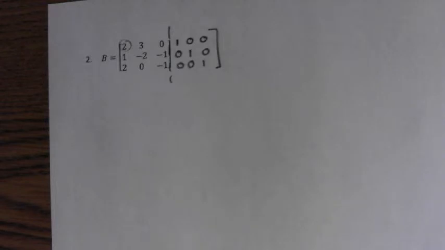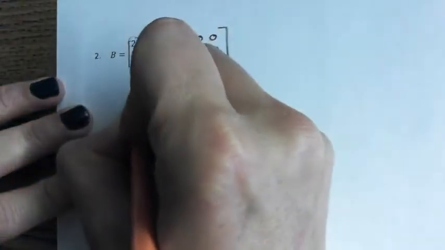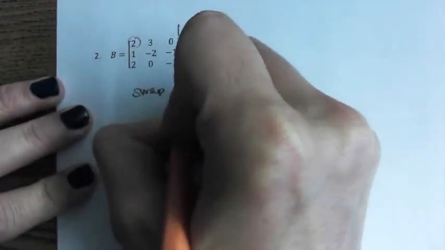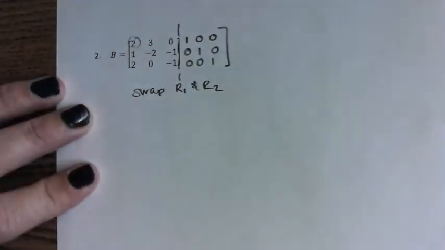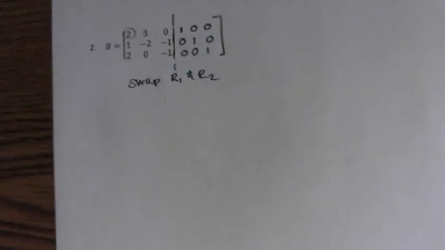One method, though, that I told you you could use that we haven't yet used is you can just swap rows. If the second row is already starting with a 1, I can just bring that up. So I'm actually just going to swap row 1 and row 2. That's why that's better. I don't have to deal with a fraction.